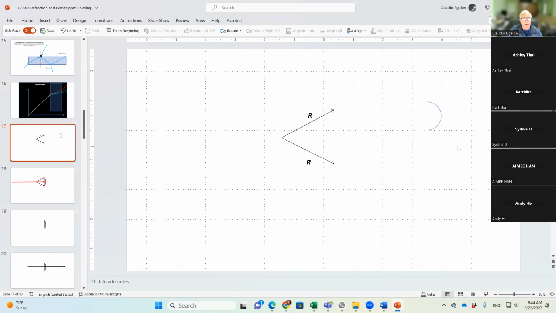That's a very small radius of curvature, so let me make it a little bit larger.